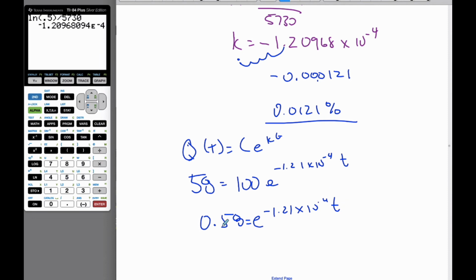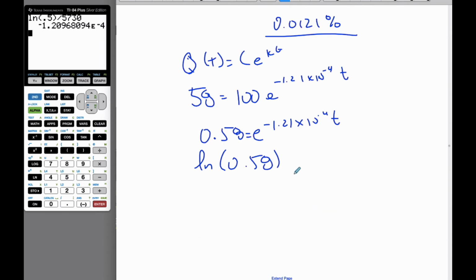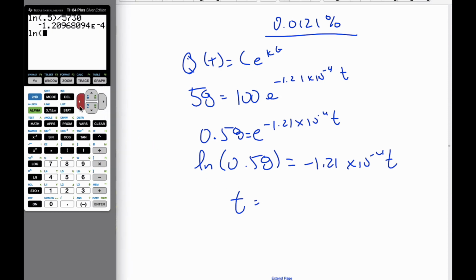Solving for t, I take the natural logarithm of both sides. So the natural logarithm of 0.58 is equal to negative 1.21 times 10 to the minus 4 t. So I want to divide by this, and so t will be the natural logarithm of 0.58 divided by this value here.